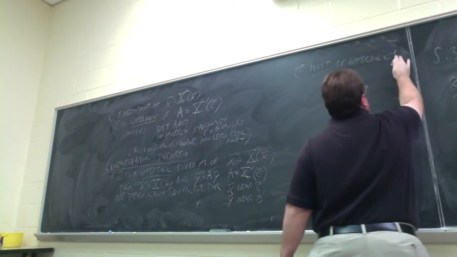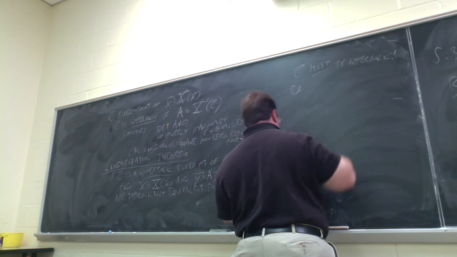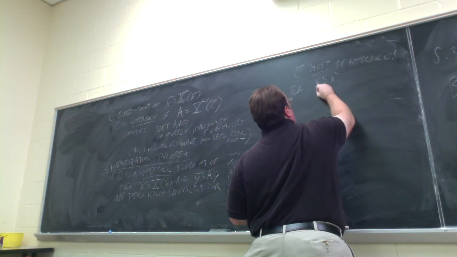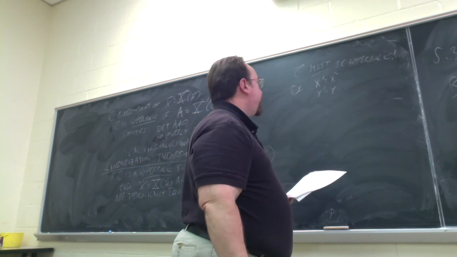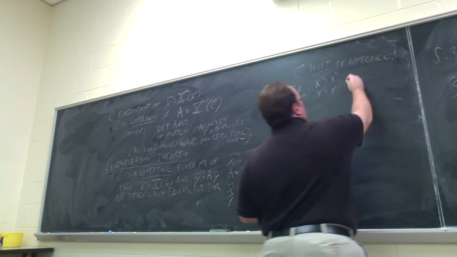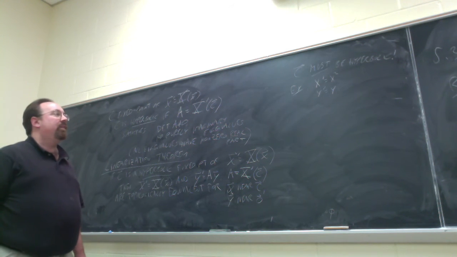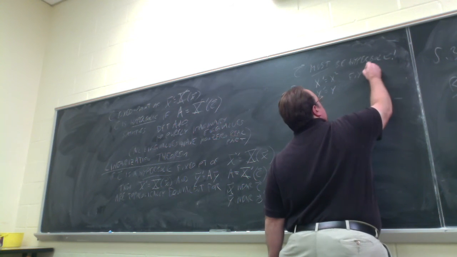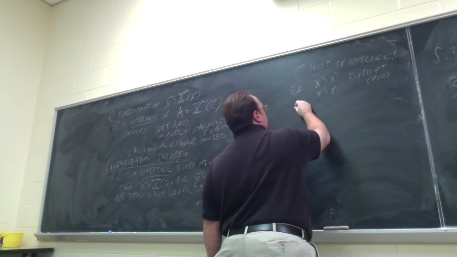Now, to illustrate why, we look at this nonlinear system: x prime is x squared, y prime is y. What is a fixed point of this system? Which x and y values work? 0, 0. Yeah, just the origin. So we'll look at the Jacobian.